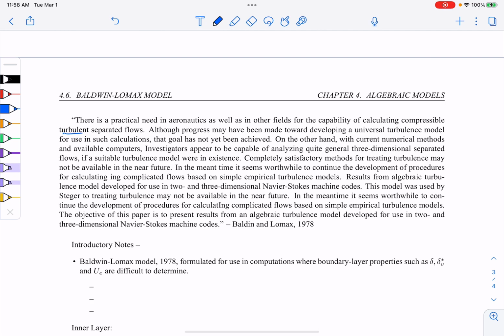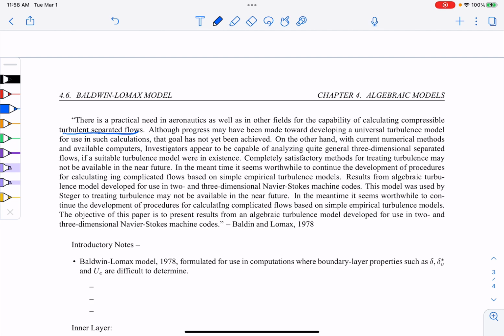So this is something that was sort of lacking in the Cebeci-Smith model. This is also a local model. And they said, although progress may have been made toward developing a universal turbulence model for such calculations, that goal has not yet been achieved. And in 2022, today, all these years later, we still don't have a true universal turbulence model that fits all flows in CFD to close the equations. So this is still an ongoing problem.